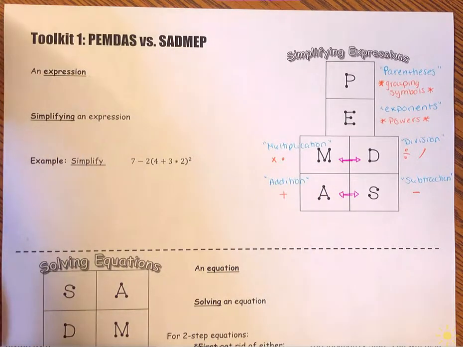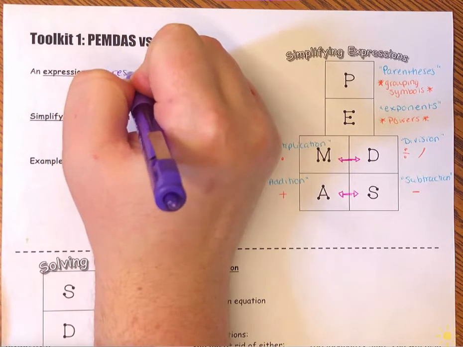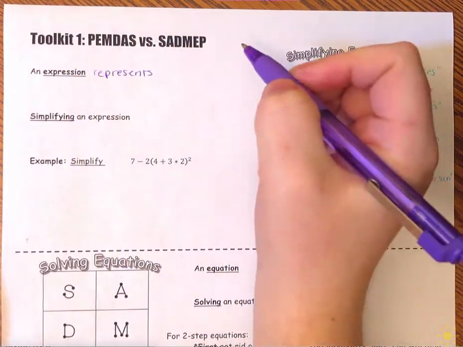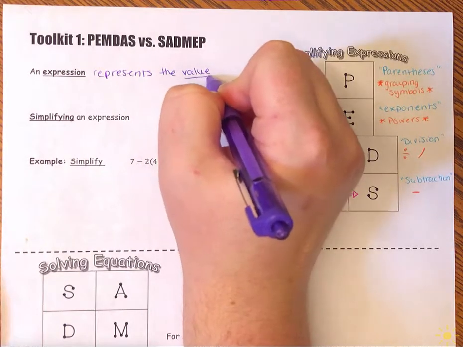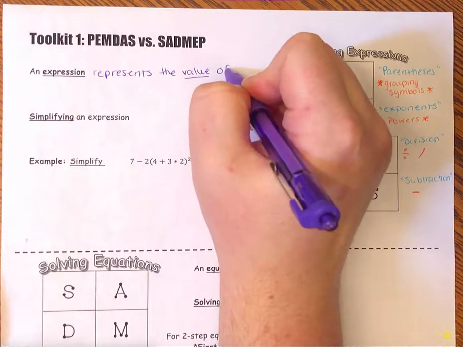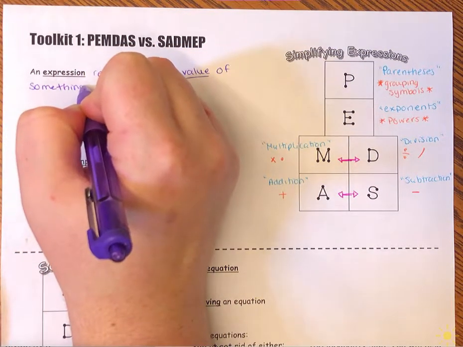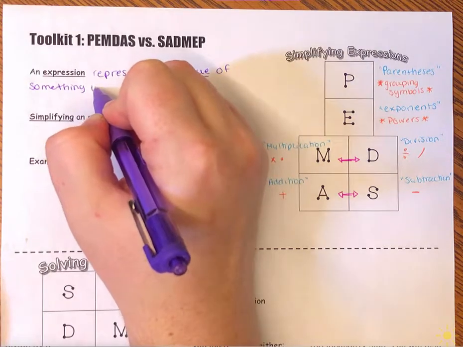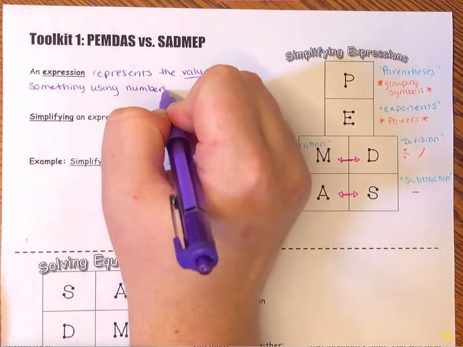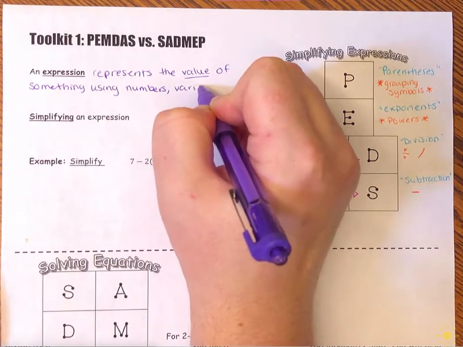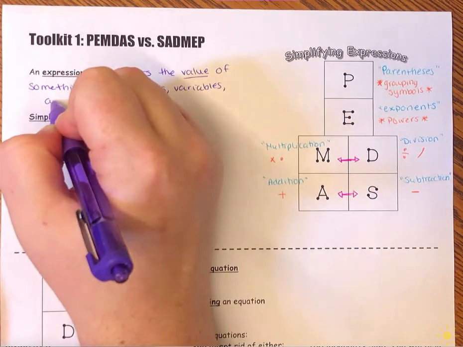So what an expression is, an expression represents the value of something using numbers, variables, and operations.